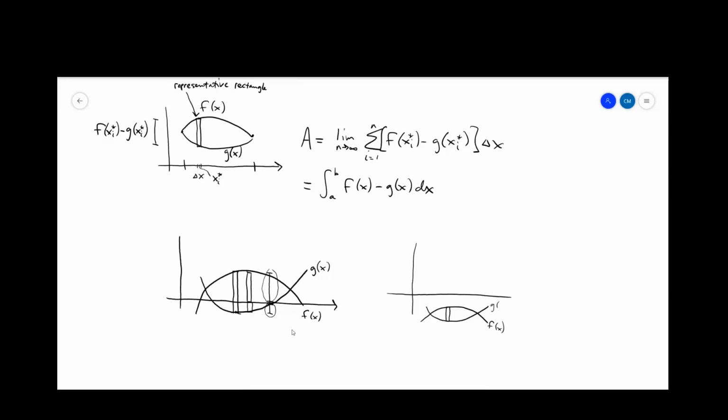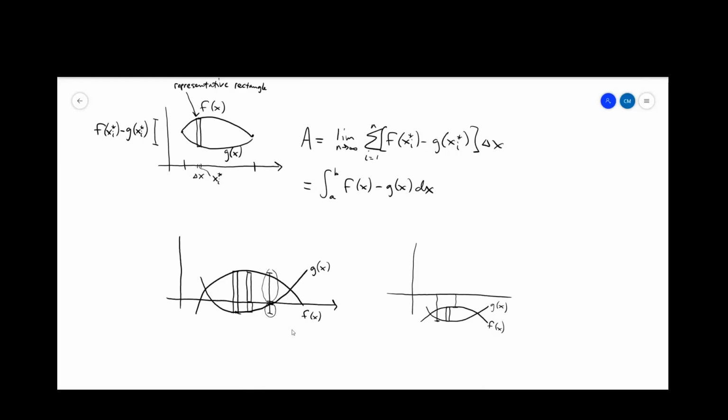This is the g of x sub i. Now the f of x height is going to be this right here, this distance from here down to that point, and that's going to be a negative value, right? Because it's below the x-axis. And then the other one, the g of x, is going to be this height right here, but that's also a negative value. So what we're going to have is a larger negative value.